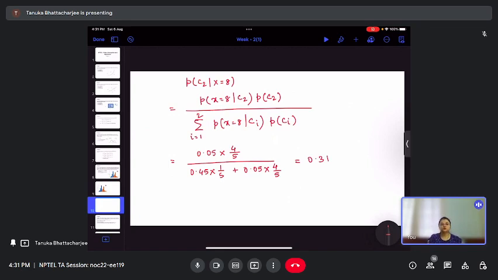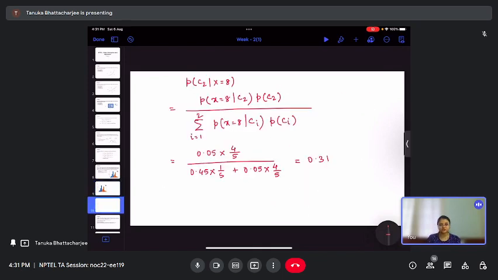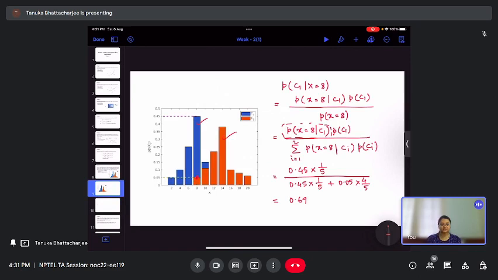Here also you can cross check that given x equal to 8, you can either classify the object as belonging to class C1 or to class C2. These are the possible options. So the posterior probabilities of C1 and C2 given x equal to 8 should add up to 1. Here we have 0.31, the posterior probability of class C2, and earlier we had the posterior probability of class C1 as 0.69.